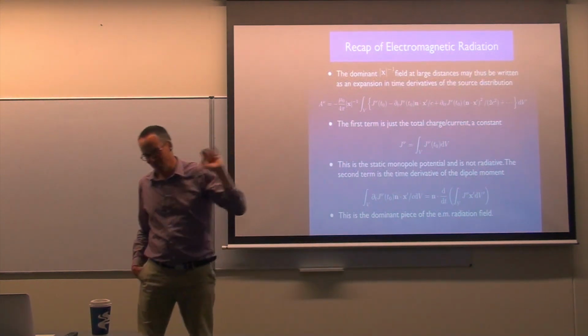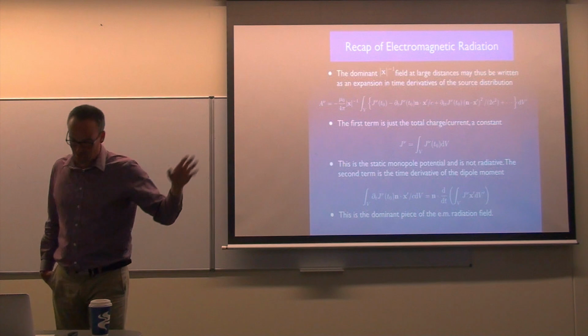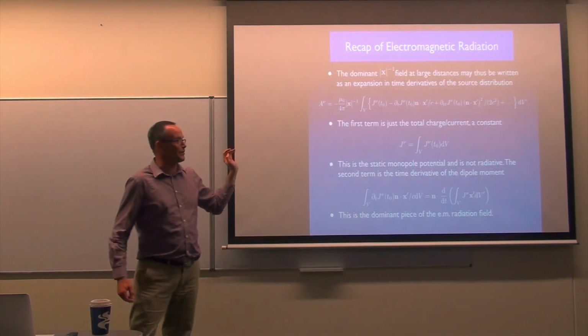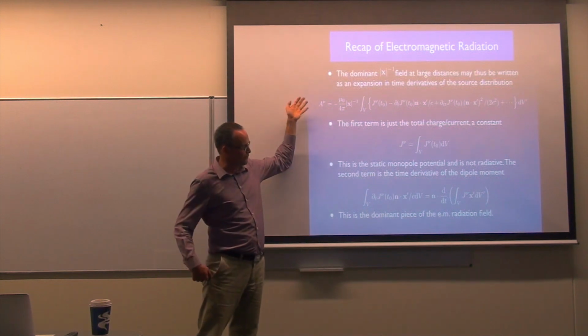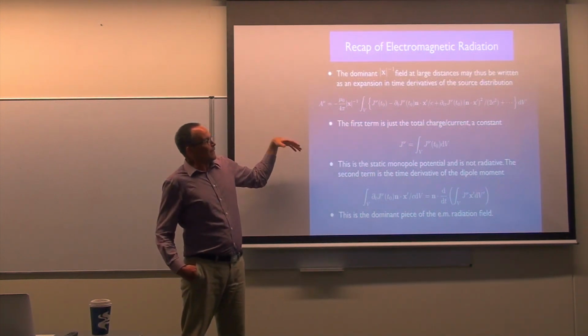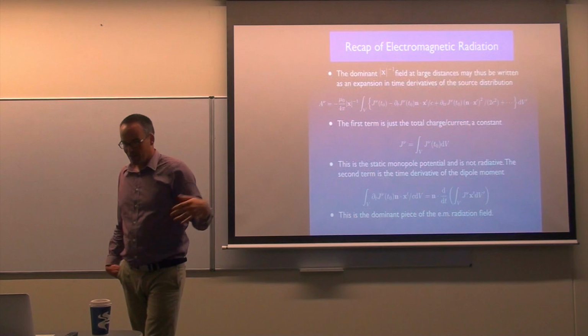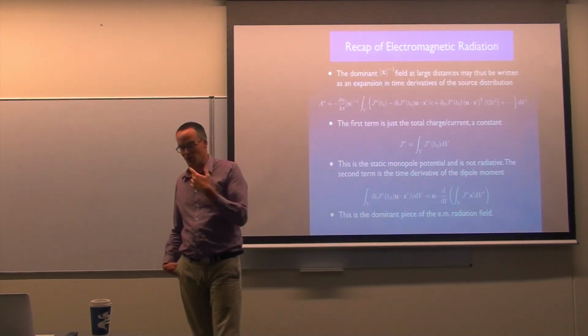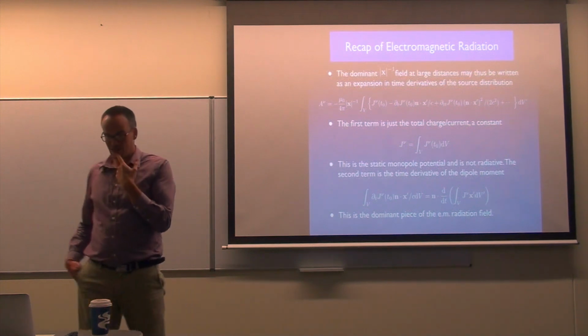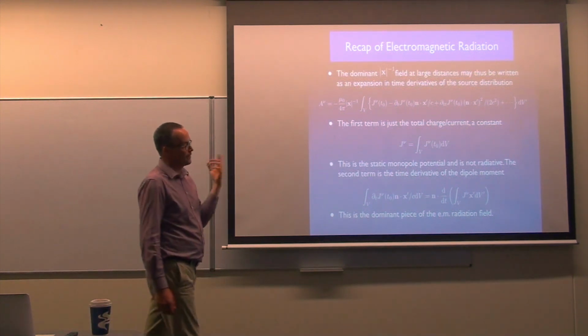I'm not going through this very carefully in the interests of time, but the slides will be available. You can check, and hopefully it's at least ringing some bells of previous courses you've done. But the point is that in electromagnetism, the first of these terms is a constant because of conservation of charge, but the second of these terms is not.